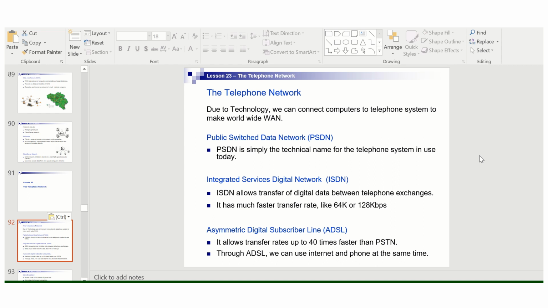And then remember when you needed to either make a phone call or use your internet. So if you had a phone, you couldn't make a phone call and at the same time be on the internet. That was ISDN. Many years ago, very slow speed, but it served the purpose back then, guys.